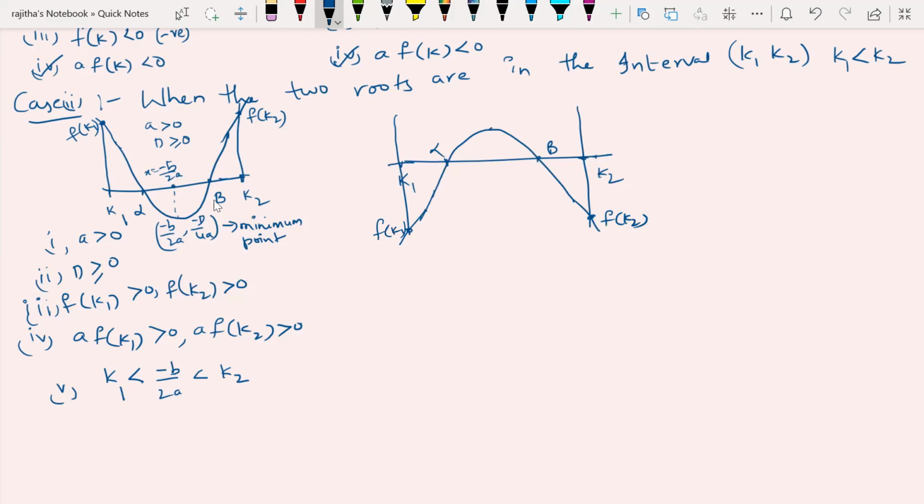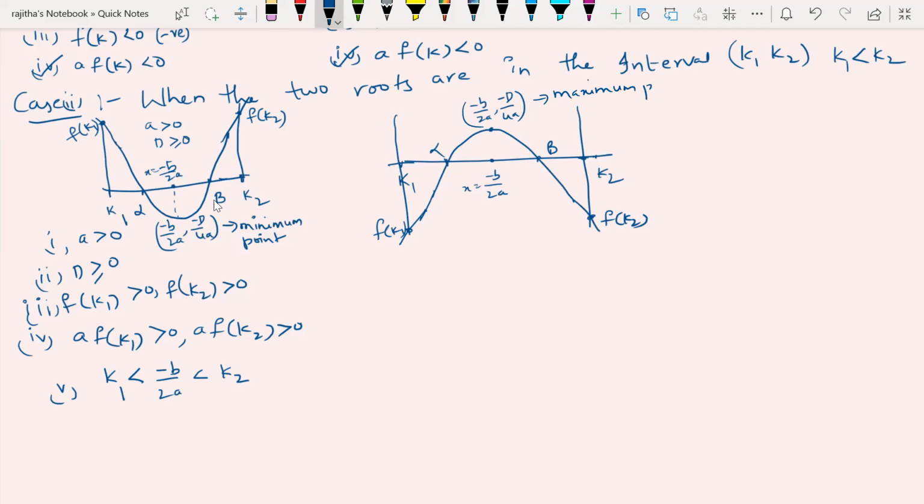This point is minus b by 2a, the x value, and this is nothing but the maximum point, minus b by 2a comma minus d by 4a.